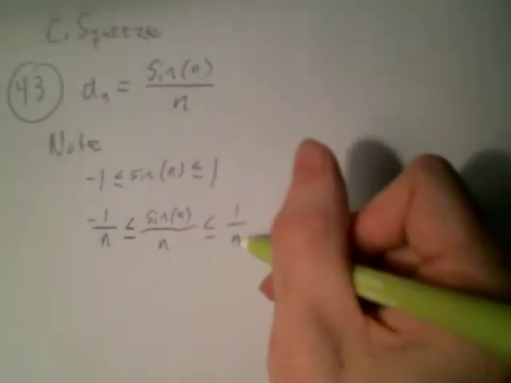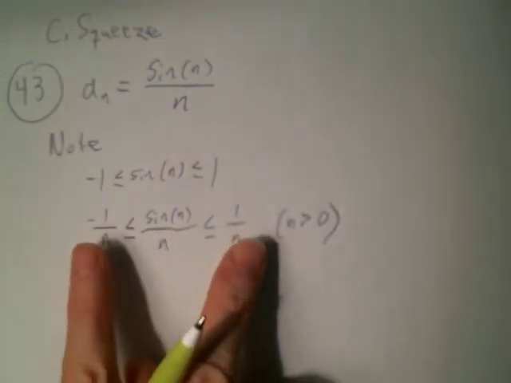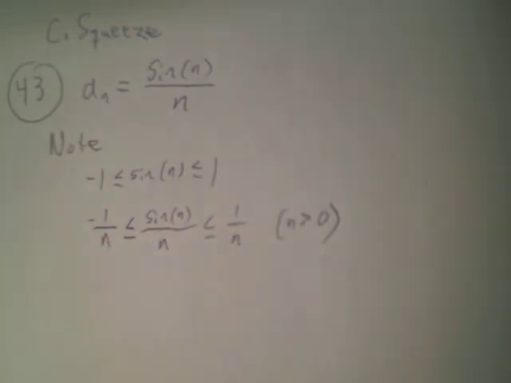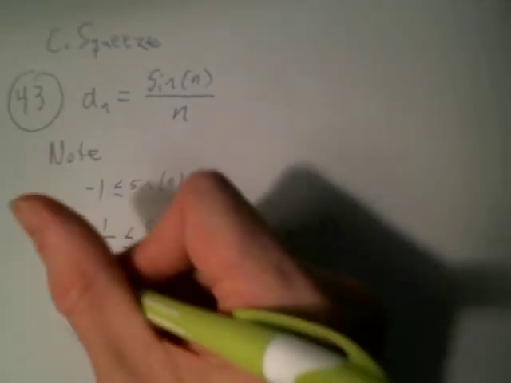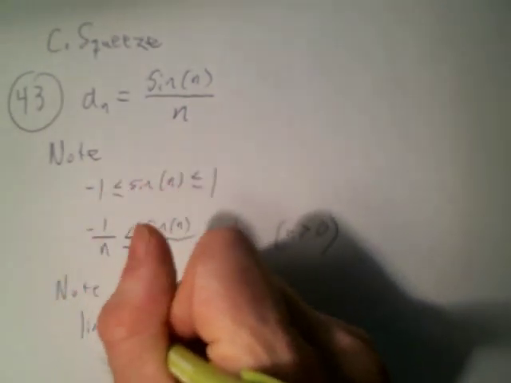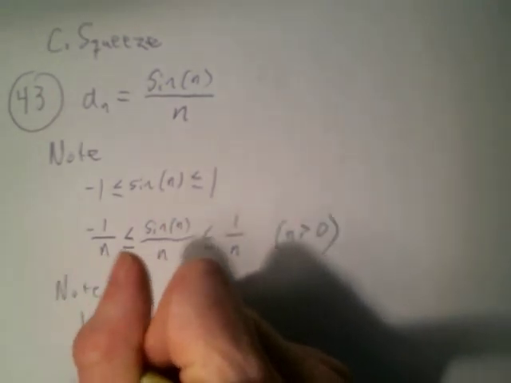And then we could take the limit of these two sides here. And if the limit of these two sides is equal to the same thing, it forces this limit to be equal to that. That's the squeeze theorem, right? So we note the limit of -1 over n is just equal to 0 as n goes to infinity.